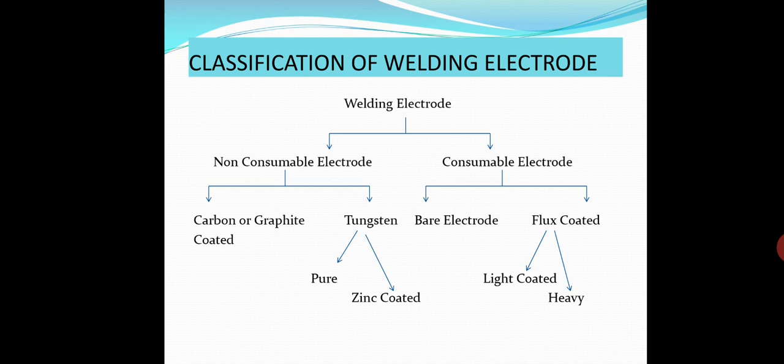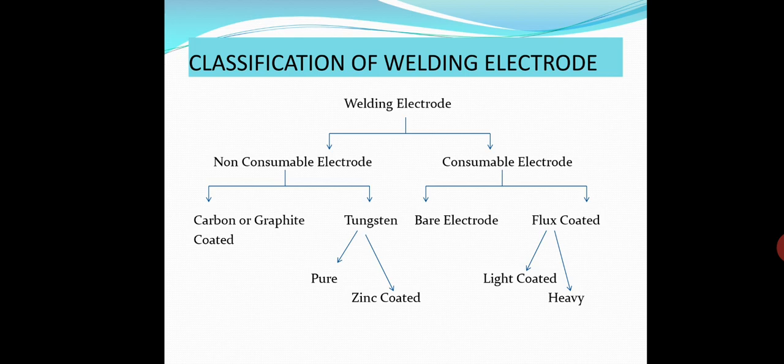Welding electrodes, as we have discussed, might be consumable or non-consumable. Tungsten electrode and carbon electrode are non-consumable, whereas the metal electrode is consumable. The non-consumable electrode is carbon or graphite coated.